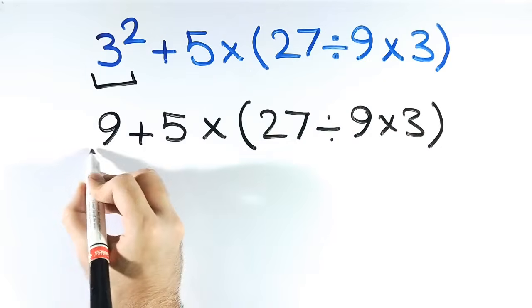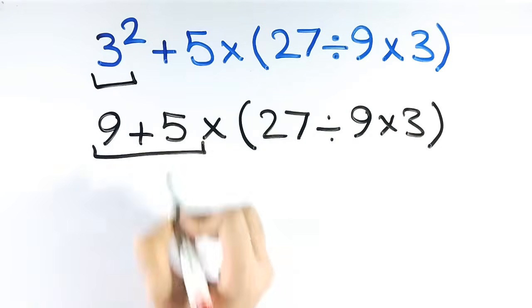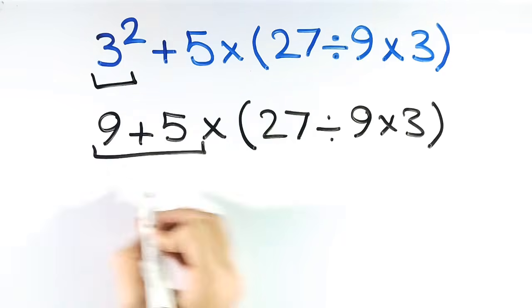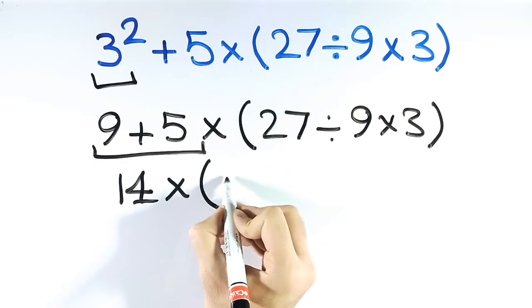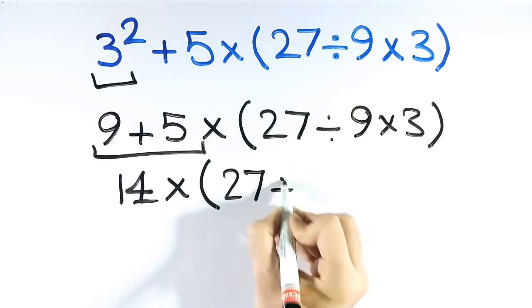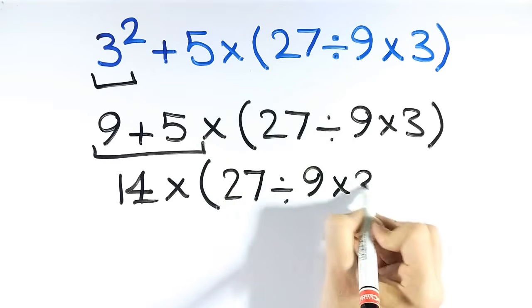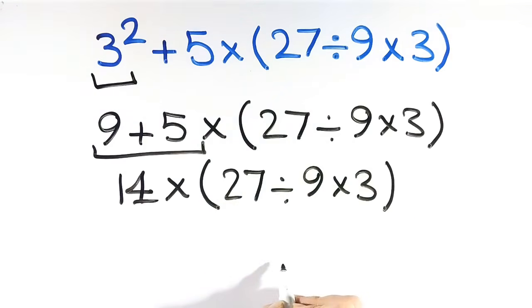In the next step, they go for the addition between 9 and 5, and instead of this expression, they write 14 multiplied by open parentheses 27 divided by 9 times 3 close parentheses.